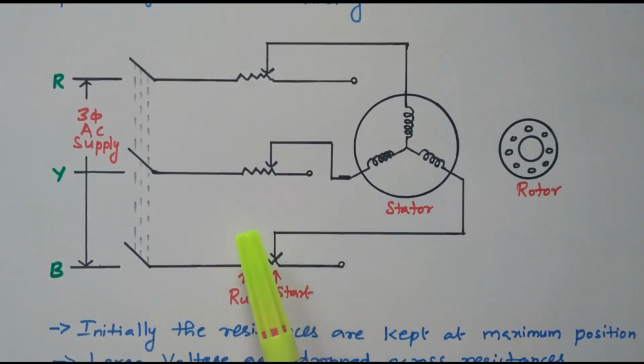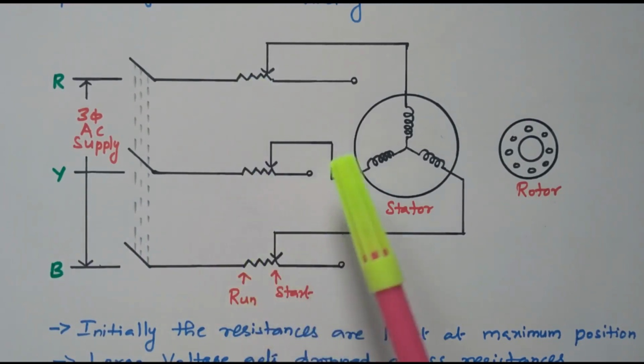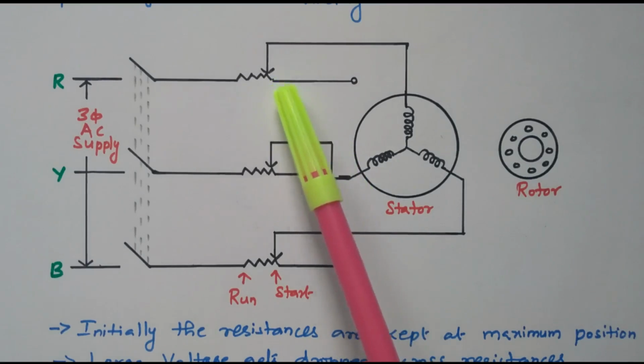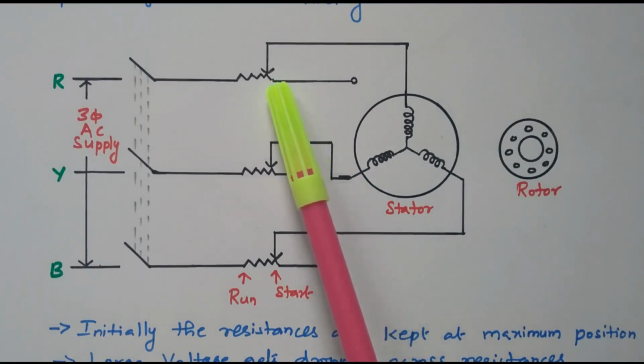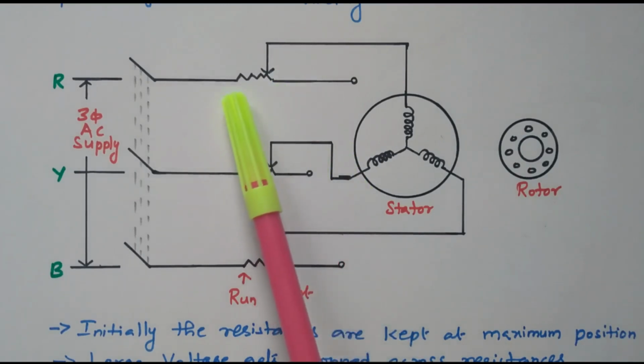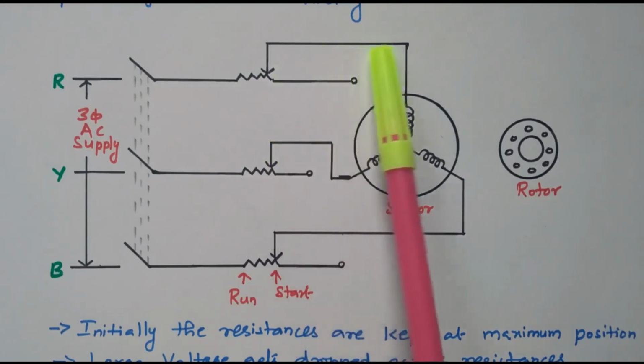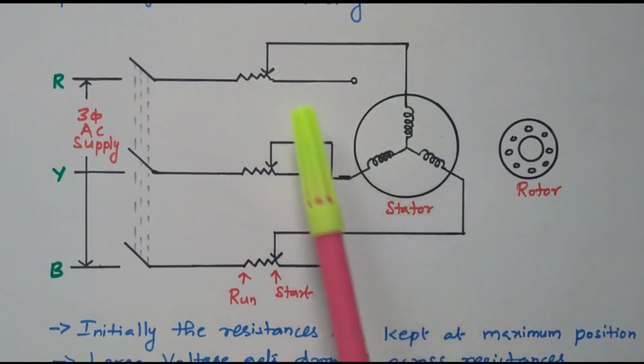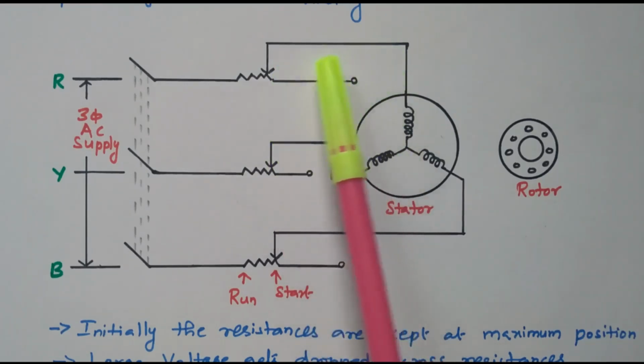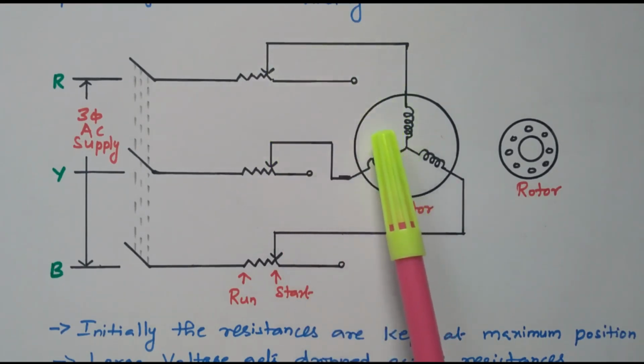So during starting, the resistor is placed at the maximum resistance position, so that the voltage is dropped across this resistor and only a minimum voltage is applied to the stator. Due to the minimum voltage, the current taken by the stator is also reduced.